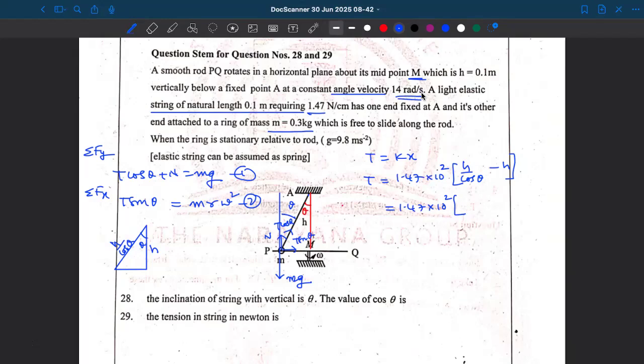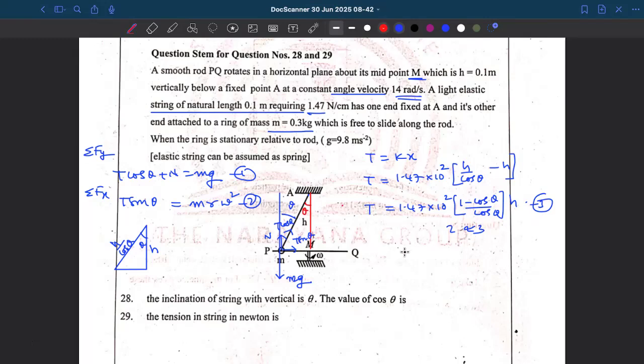Radians per second also they have given. And by the way, you can write T sin theta as 1 minus cos theta by cos theta times H. So T, equation 3.